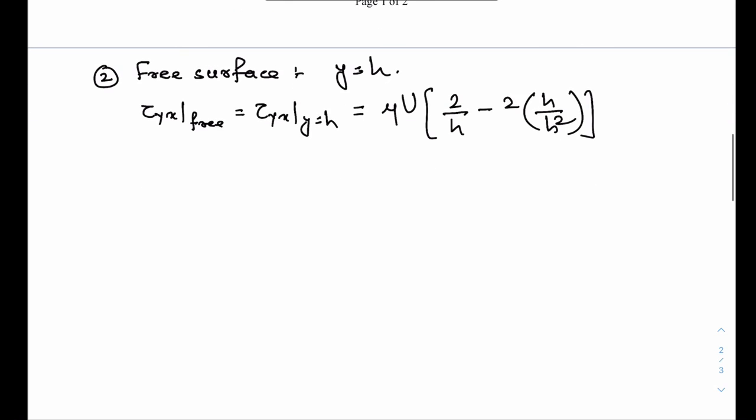If you simplify this, you will get that tau yx at the free surface is exactly equal to 0.